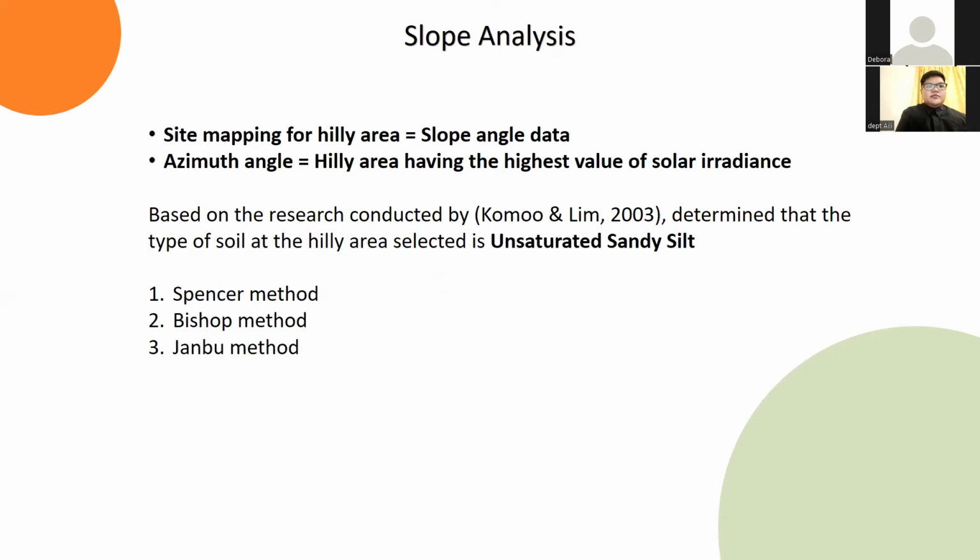And based on the research conducted by Kamo and Lim in 2003, the type of soil at the selected hilly area is unsaturated sandy silt. Therefore, I decided to use the methods of Spencer, Bishop, and Janbu to do the slope analysis. However, the main method is Spencer. The Bishop and Janbu methods are used to see the consistency of the FOS value.